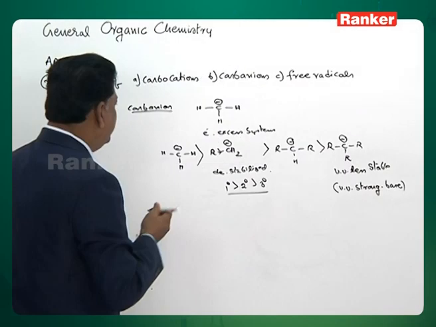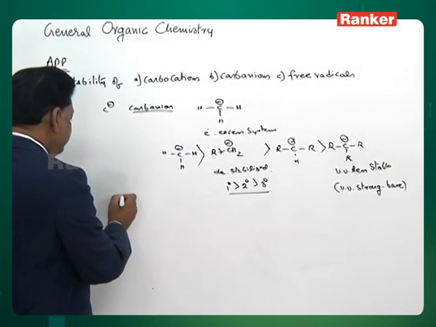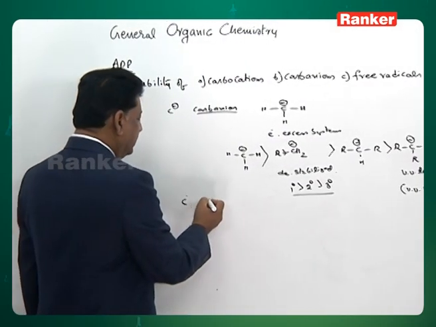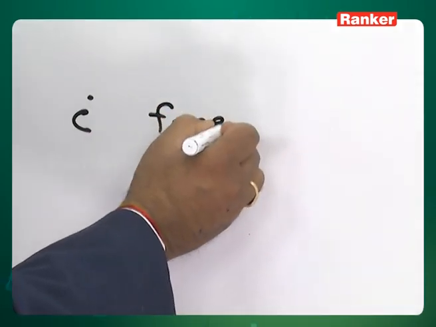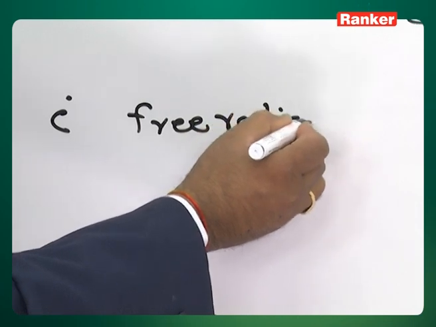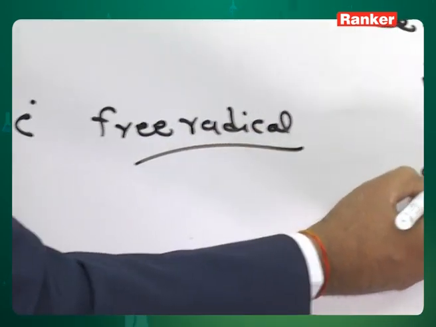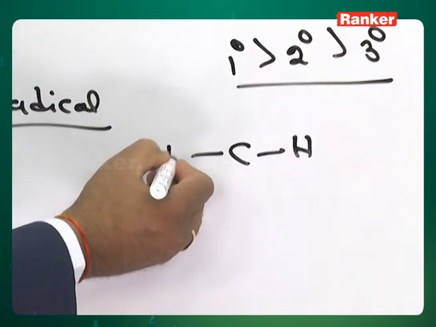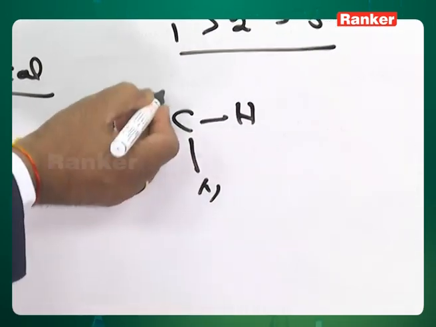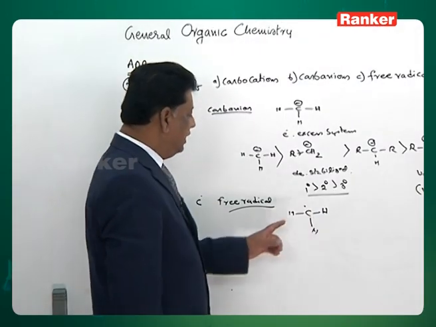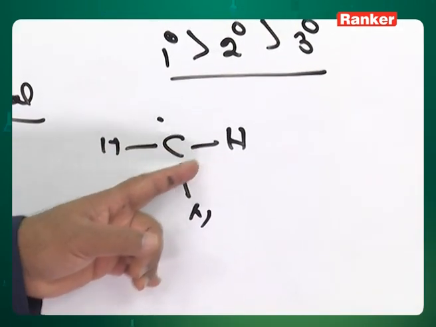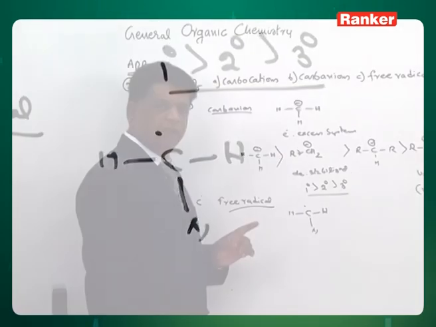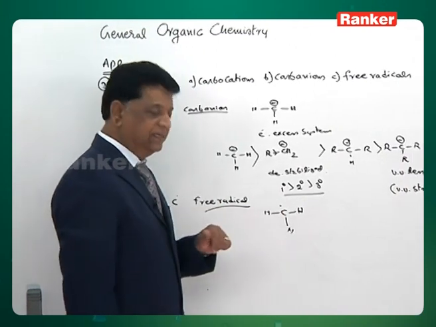Even the free radical, if you take, a carbon free radical or a general alkyl free radical, let us take the methyl free radical. Now if you count the number of electrons, 3 bonds into 2, that is 6 electrons, and this is 1, so 7 electrons. To the octet system, 1 electron is less.